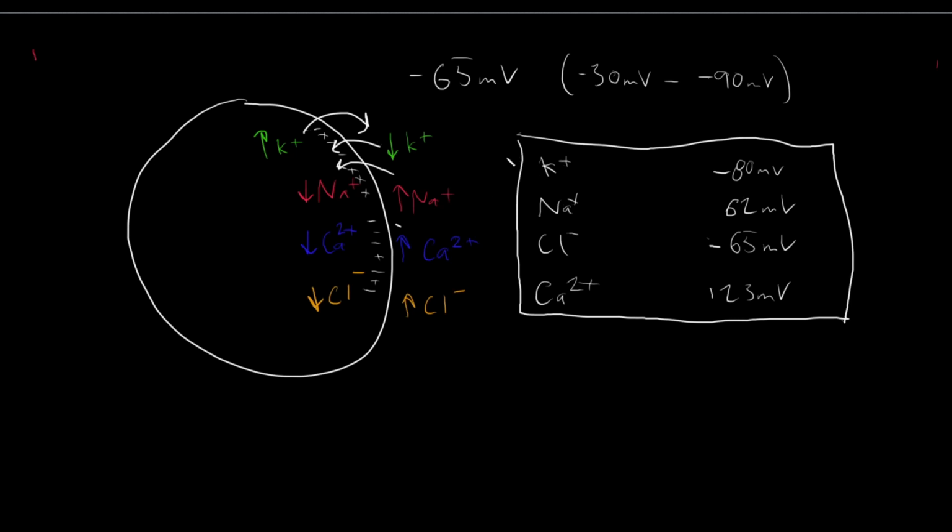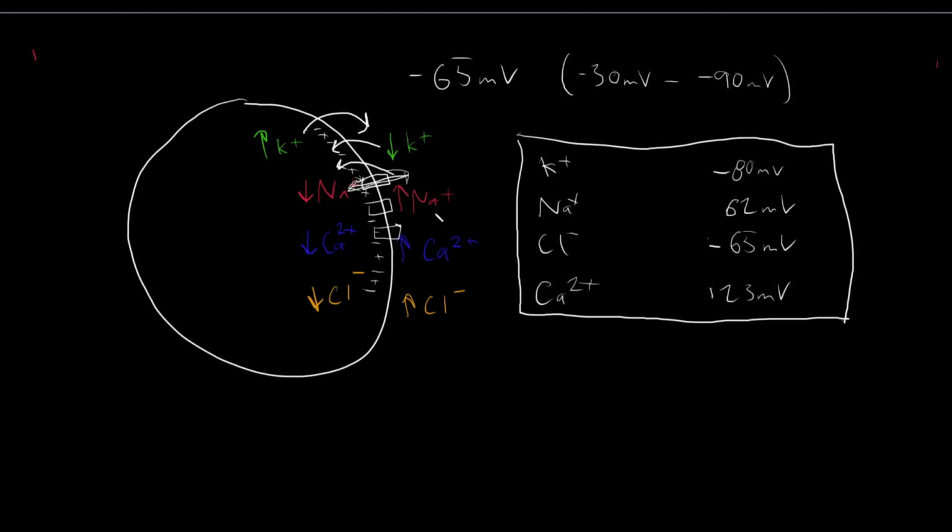Essentially, potassium has the highest ability to move across the membrane. We call this permeability. And this is because of, I'm just going to draw them as little boxes, they have potassium leak channels, which allow potassium to flow inside and outside of the cell as it wishes. So hence why it's closer to potassium's potential.